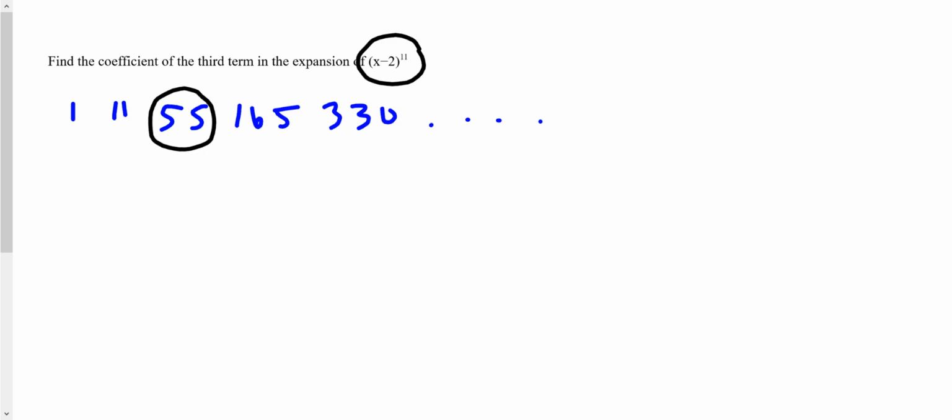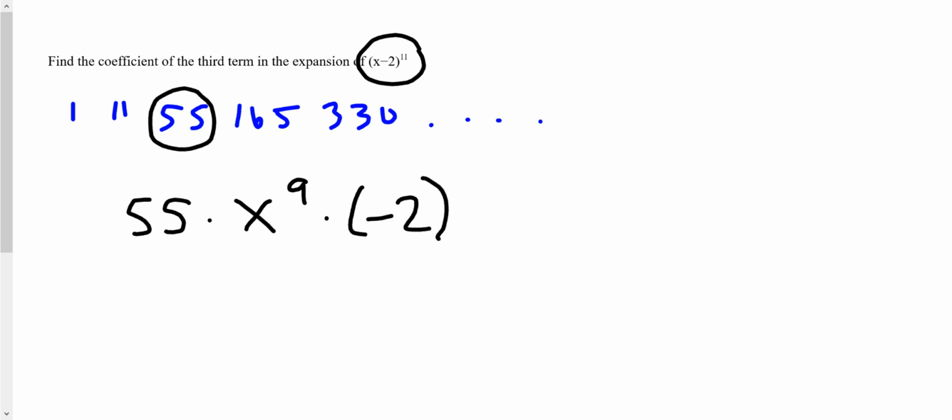And so you're going to end up with this as 55 times, so the x exponents are going to decrease. The negative 2 exponents increase. So this is going to be times x to the 9th times negative 2 to the 2nd. Remember, these exponents always have to add up to 11.